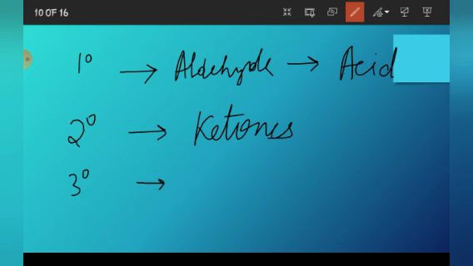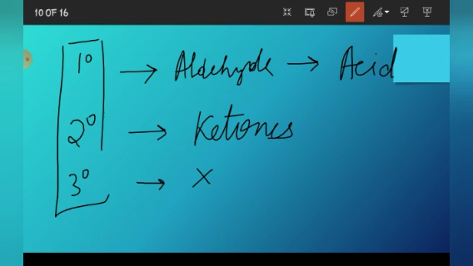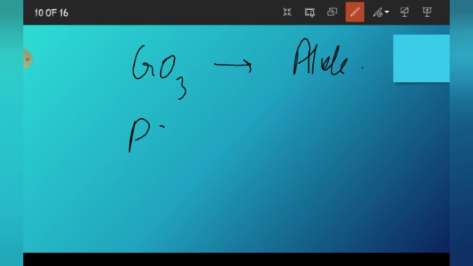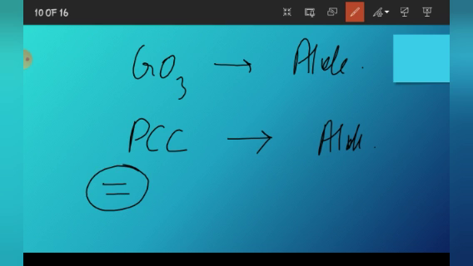They need very strong oxidizing agents and very elevated temperatures, so under normal conditions it is not possible. So this was all for the 3 types of alcohols, and 2 more reagents you need to remember. One is CrO3 to get till aldehyde. The other is PCC, pyridinium chlorochromate, to get aldehyde, and if there is a double bond in the reactant it will remain unaffected.